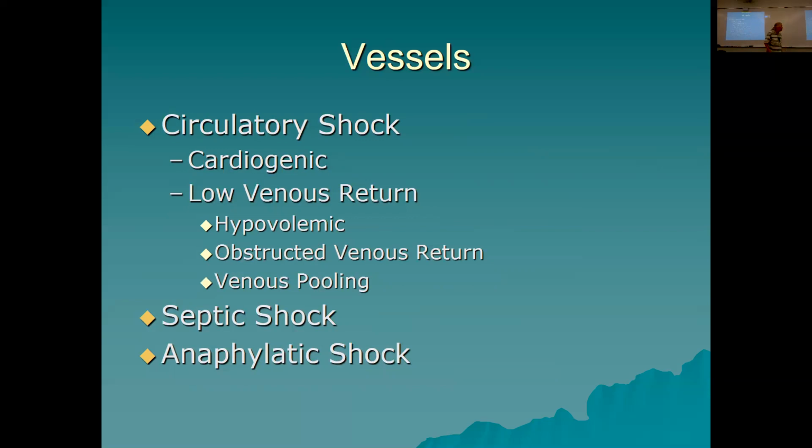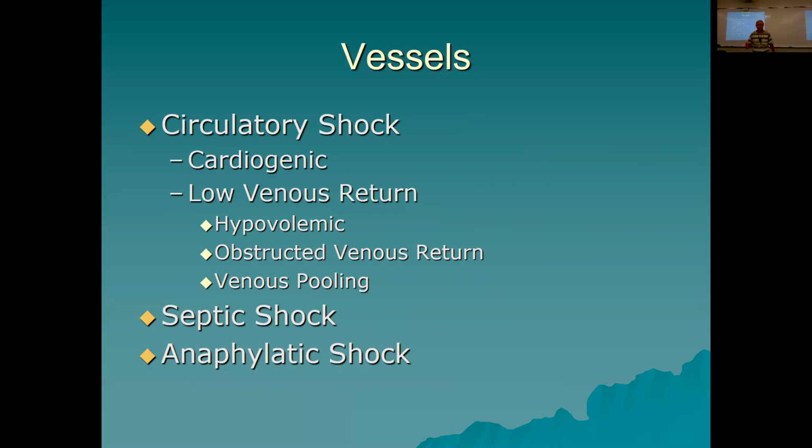Okay, let's talk about shock quickly, and then we're going to finish. This is going to be the last of vessels. Circulatory shock is a lack of perfusion, lack of oxygen being brought to the organs. There's cardiogenic shock, and that's a heart problem.